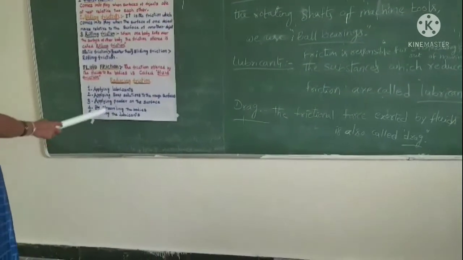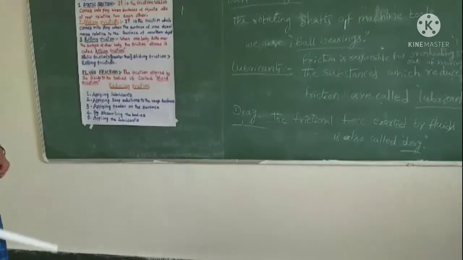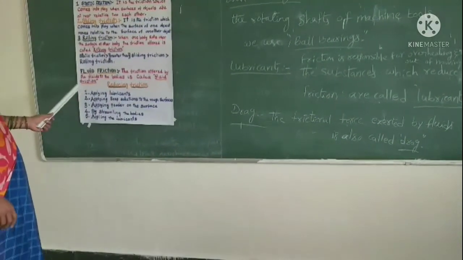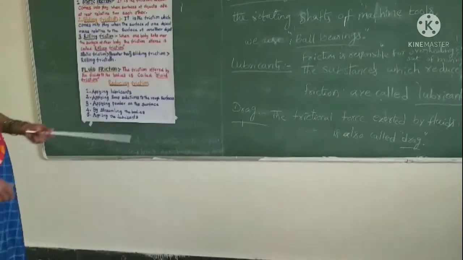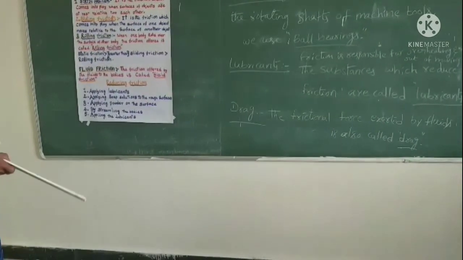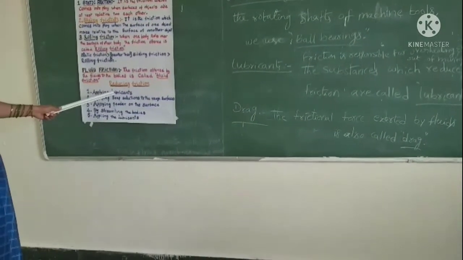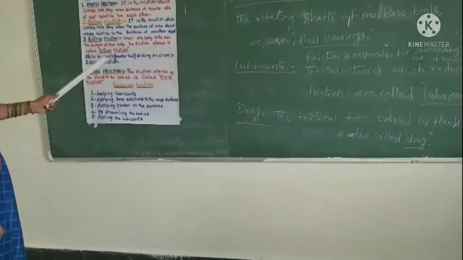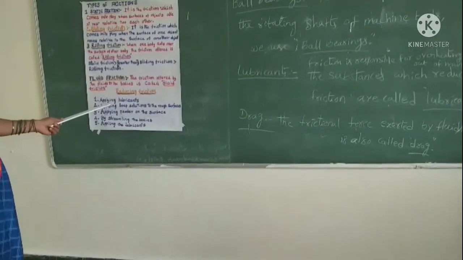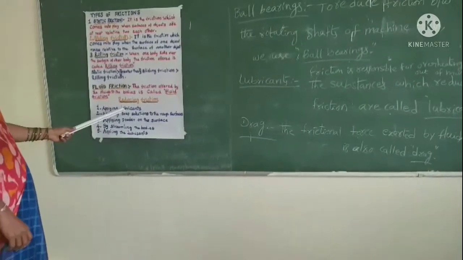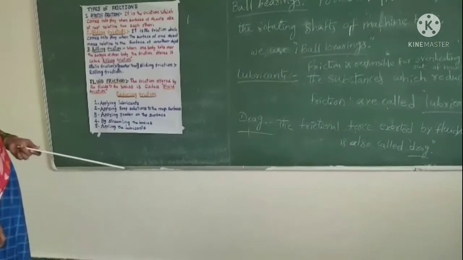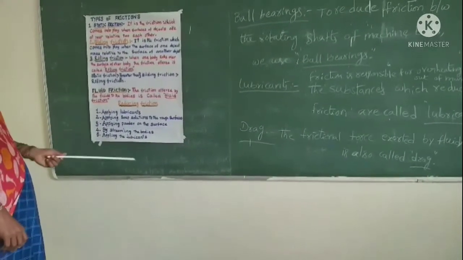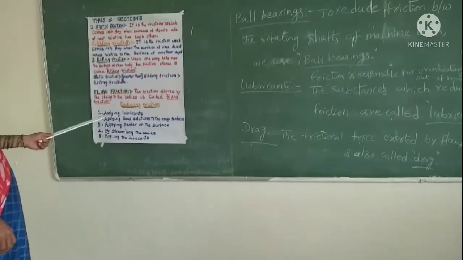Next, reducing friction. How to reduce friction? First of all, apply lubricants in vehicles. Lubricants are the substances which reduce friction. Once again listen, children: the substances which reduce friction are called lubricants.